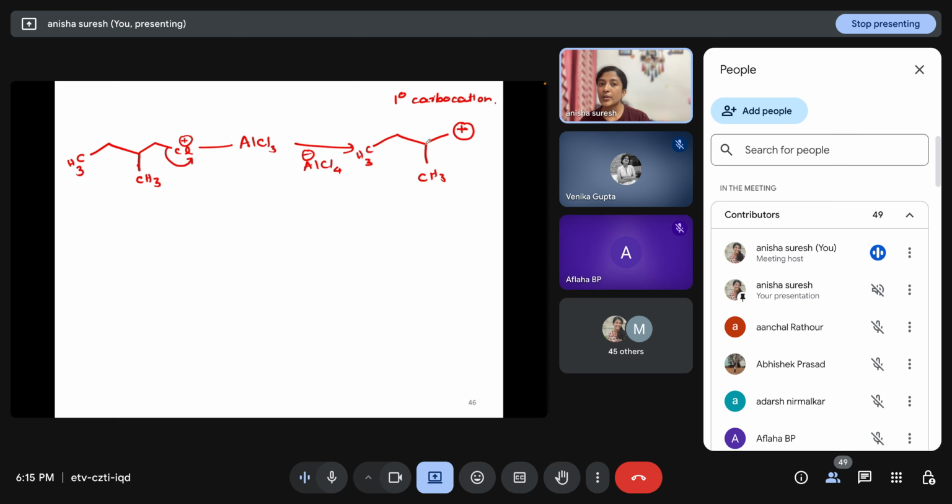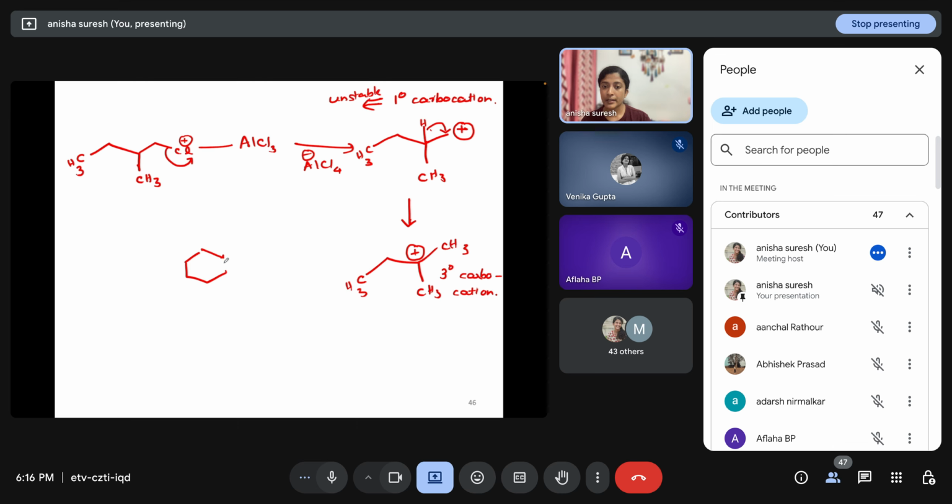Primary carbocations are generally unstable. So what will happen? A 1,2 hydride shift, or 1,2 hydrogen atom shift, will take place. This will shift to this position, leading to formation of a stable tertiary carbocation. So this is the reactive intermediate in this case.